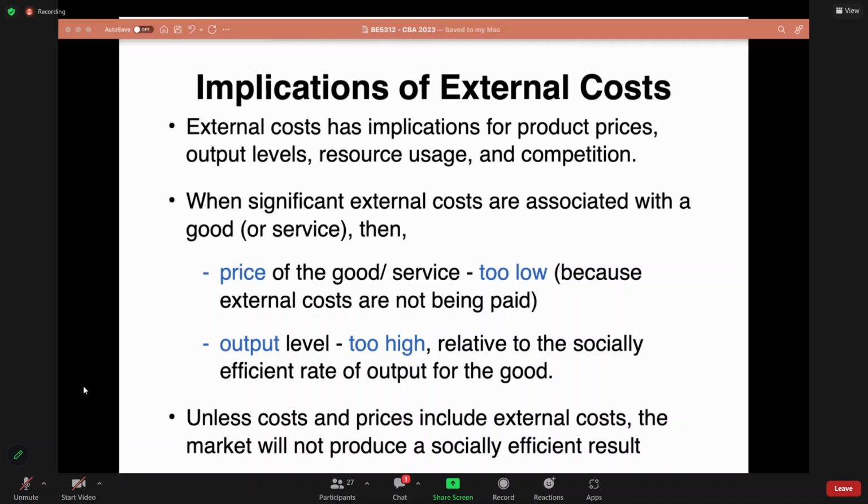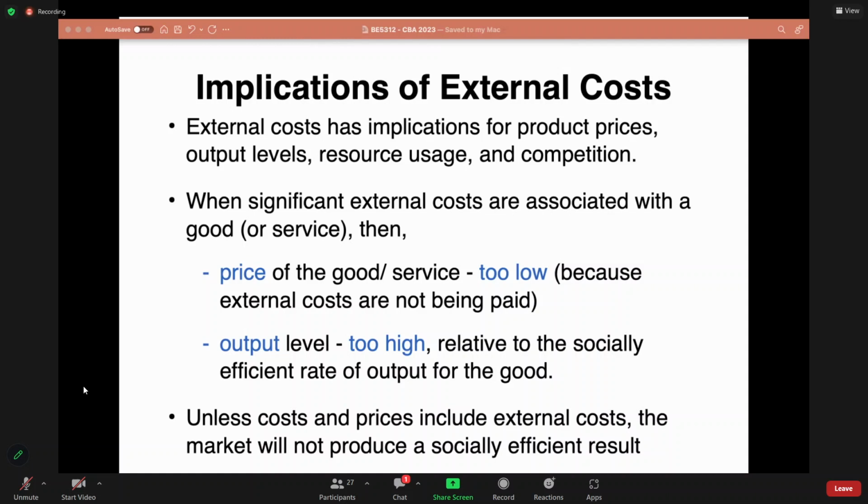There can be big external costs associated with a particular good. Say, I'm producing some kind of a garment. I have a factory, I'm producing a garment.